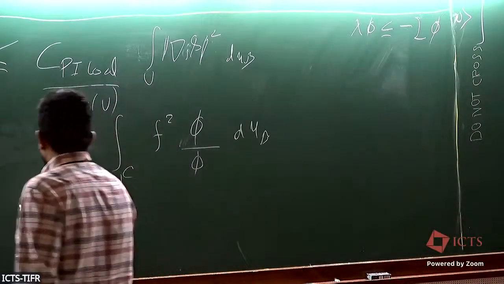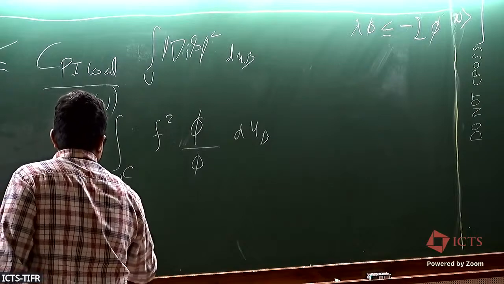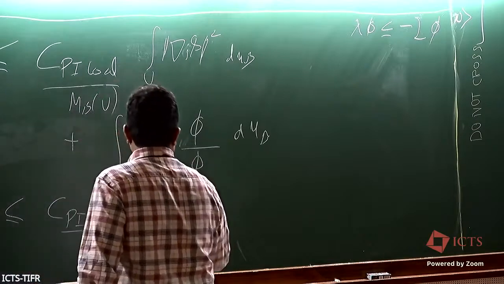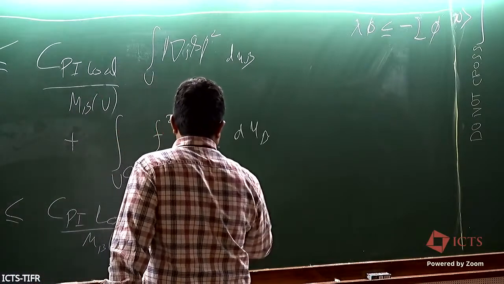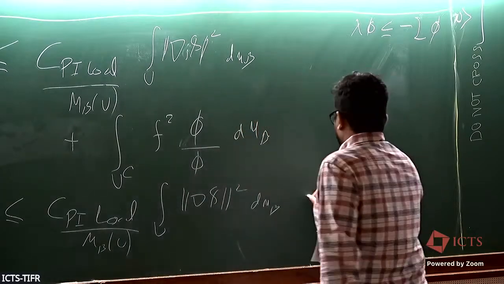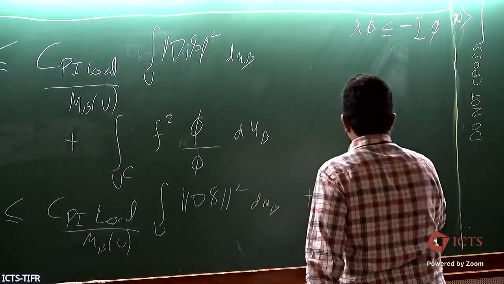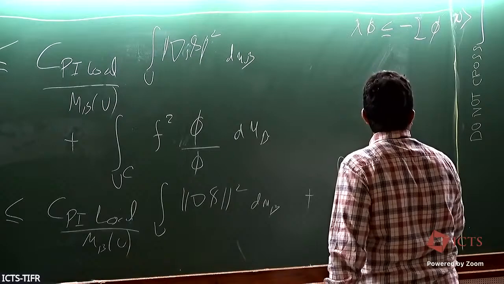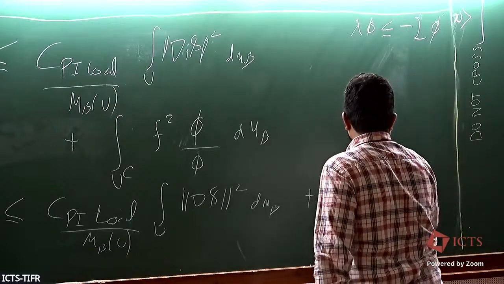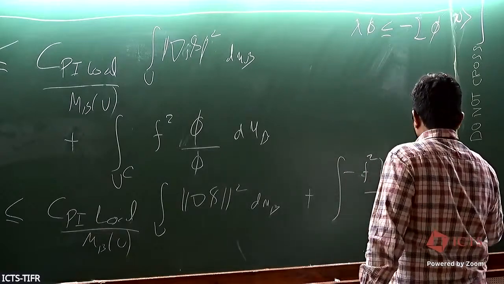That gives me that this is less than or equal to C_PI local times the integral d mu beta, plus, for this term, the minus Laplacian operator of phi with f squared outside, divided by phi, d mu beta.